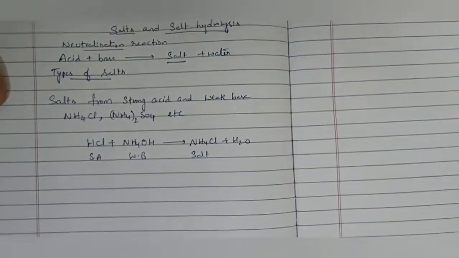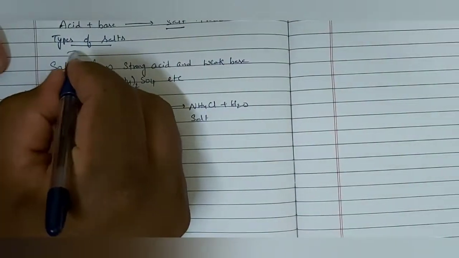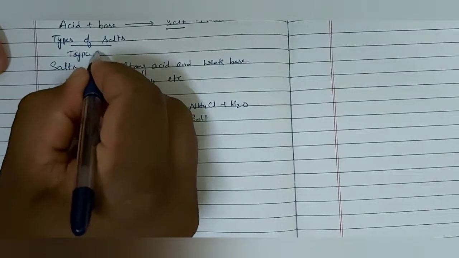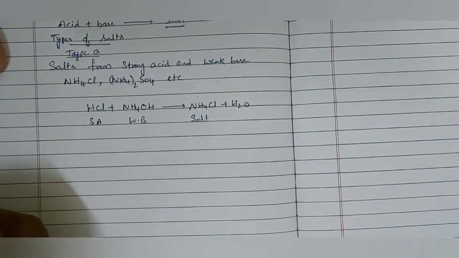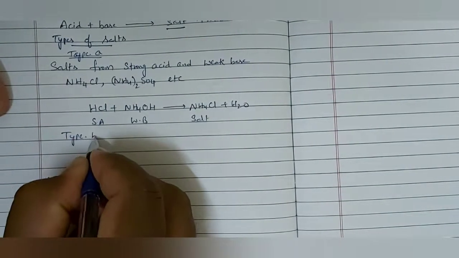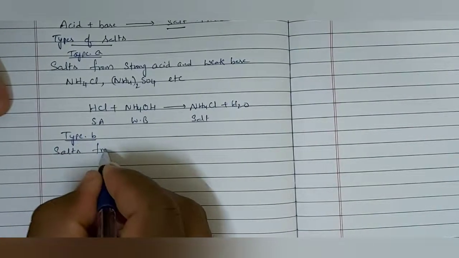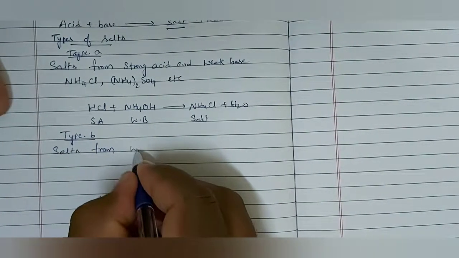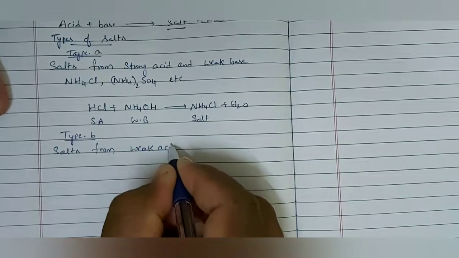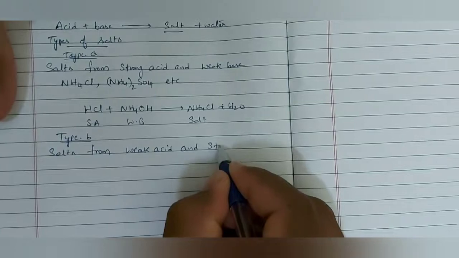So we have different types of salts. Now this is type A: salts from strong acid and weak base. Type B: salts from weak acid and strong base.